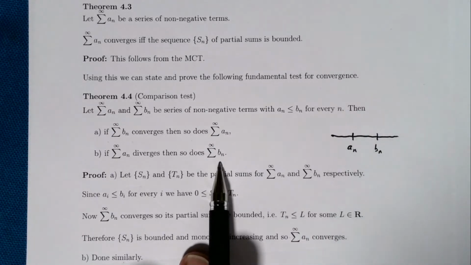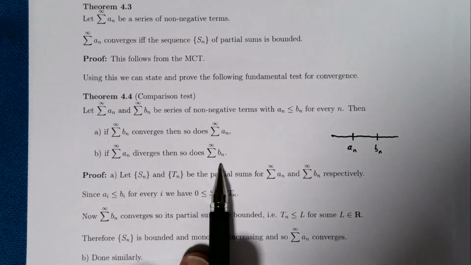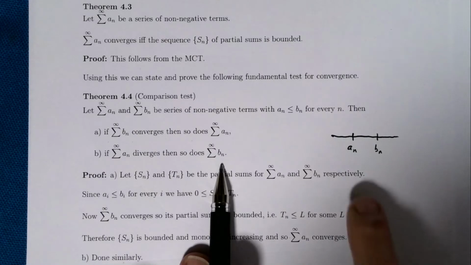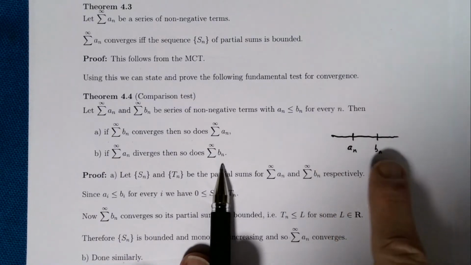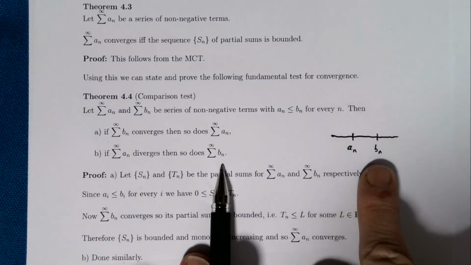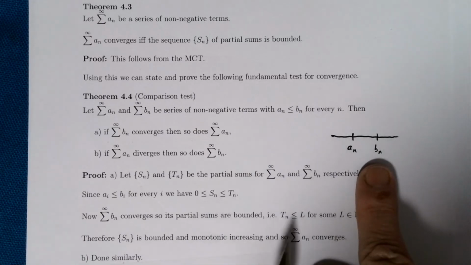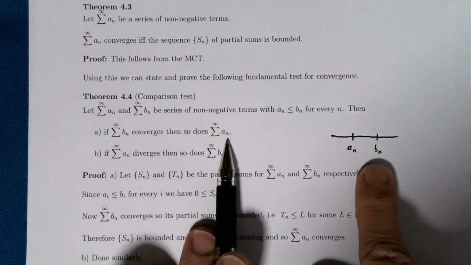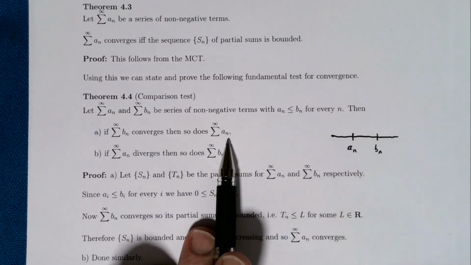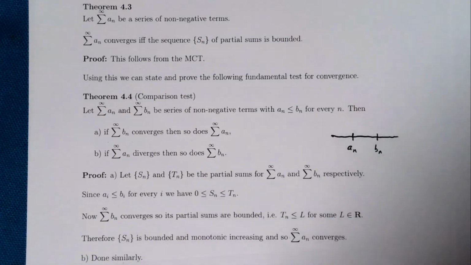The way we're going to use it is, given some infinite series that we want to show converges, for example, we're going to show that our series, the a_n, are less than the b_n. We're going to show that the sum of b_n converges, and that will force the a_n to converge. Anyway, you'll see when I do some examples how it works.